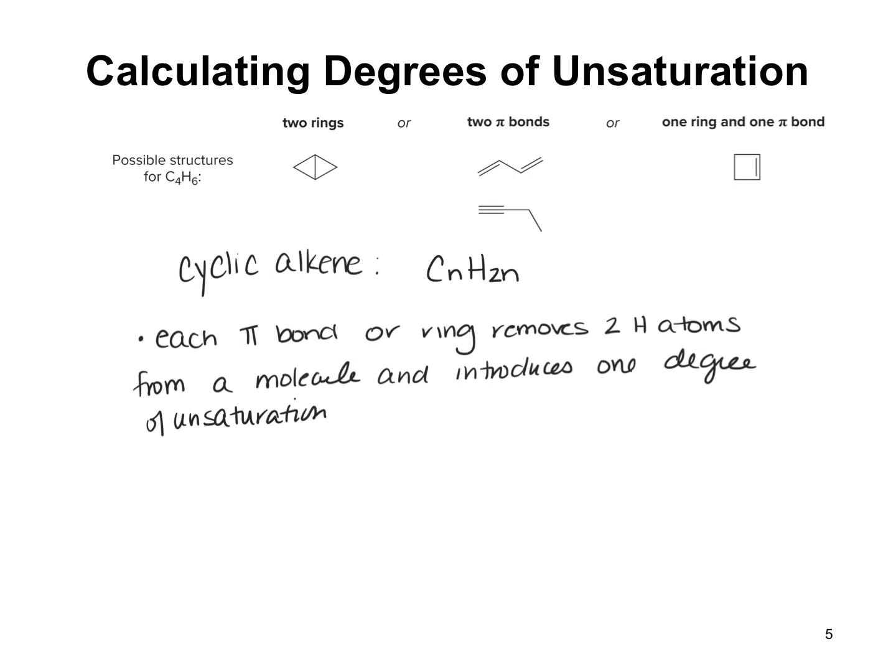Okay, so for example, let's say we have C4H6 and we want to figure out how unsaturated that is. The first thing we do is calculate the max number of hydrogens. To calculate the max number of hydrogens, we use the formula CnH2n+2. So this has 4 carbons, so the max number of hydrogens would be 2 times 4 plus 2, which would give us 10.